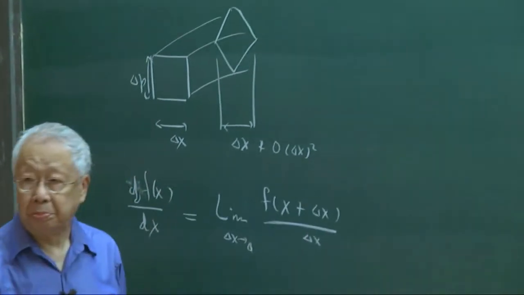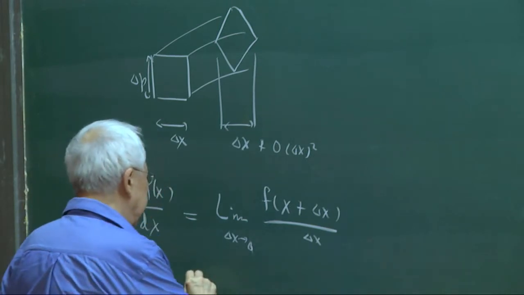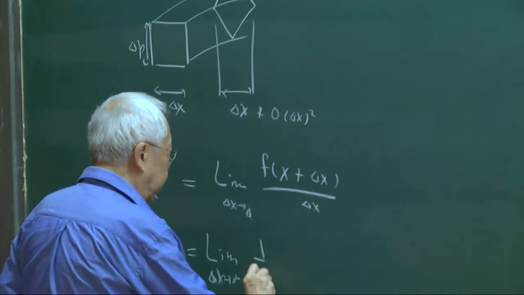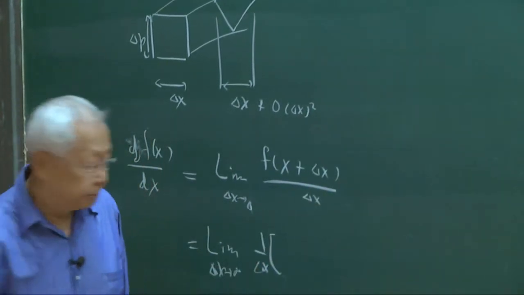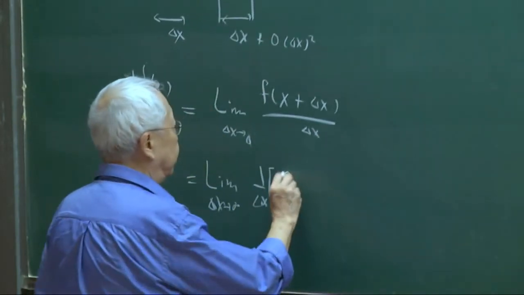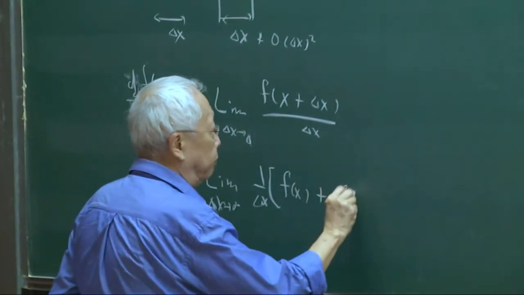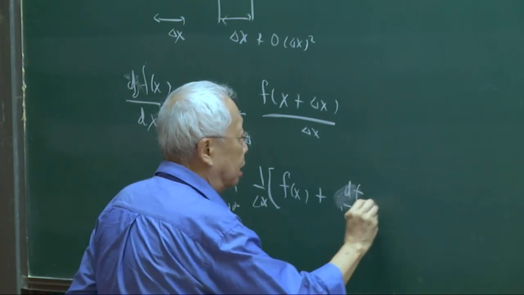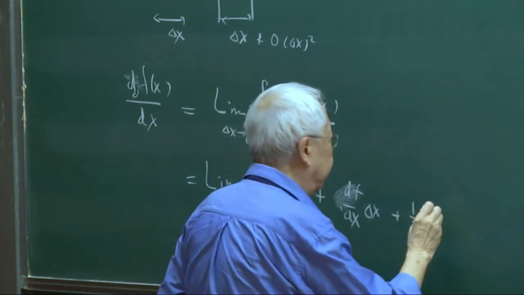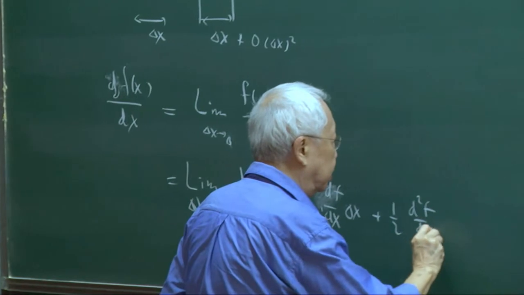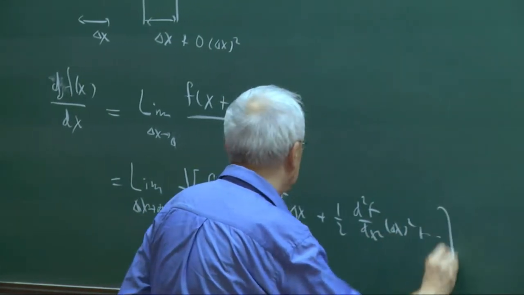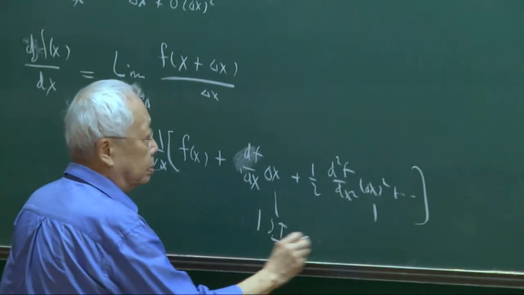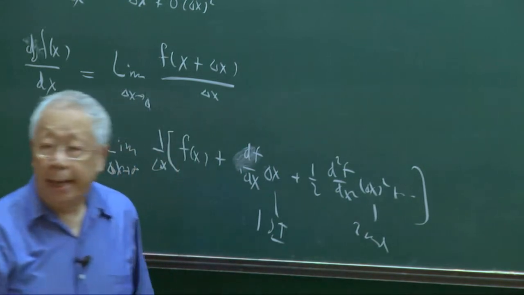That's the definition. Now, this is equal to the limit as delta x goes to 0 of 1 over delta x times, now we expand this in a Taylor series. So you have f of x plus df/dx times delta x plus 1/2 second derivative times delta x squared and so forth. Now, this is first order, this is second order. Why is this negligible for our purpose?